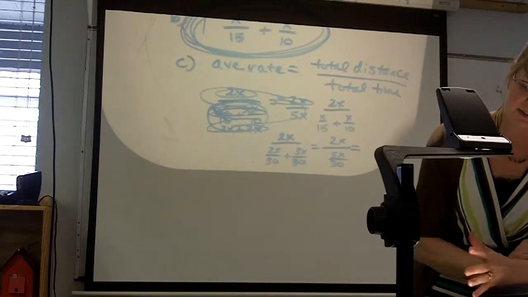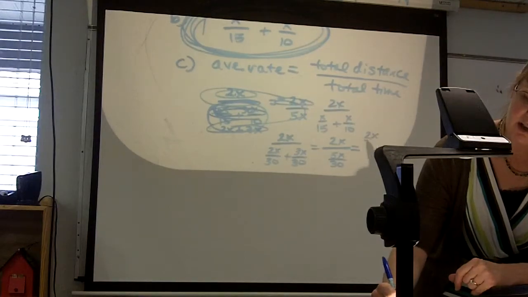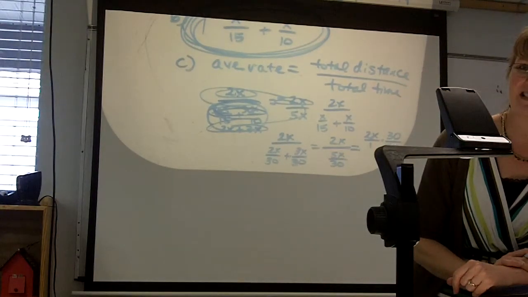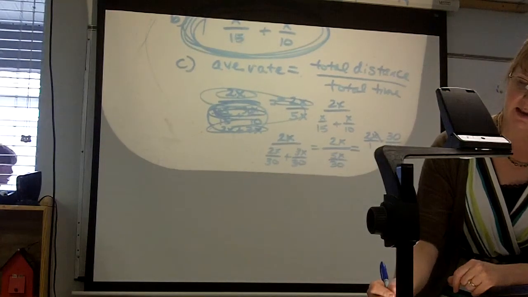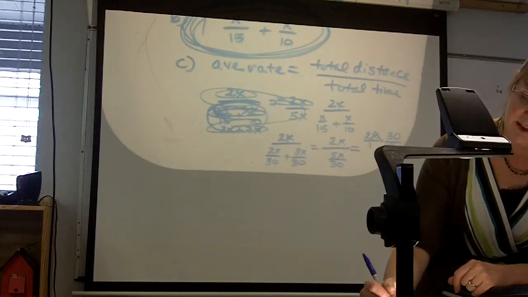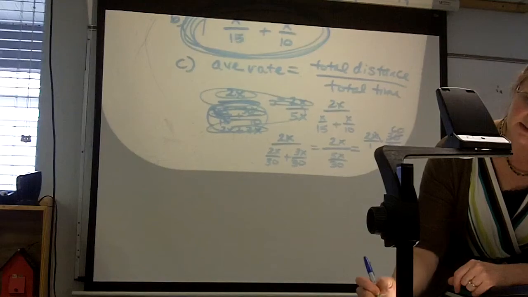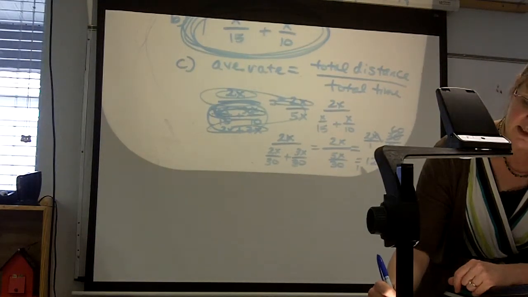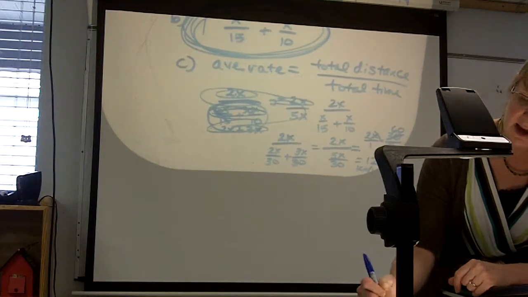Now we have to say 2x over 1 times 30 over 5x, correct? Our x's can cancel. What else can cancel? 5 and 30. 5 goes into 30 six times. So we end up with 12, and this is kilometers per hour.